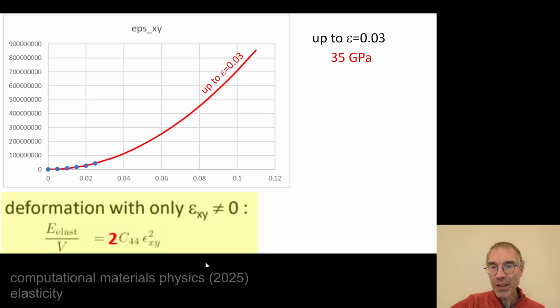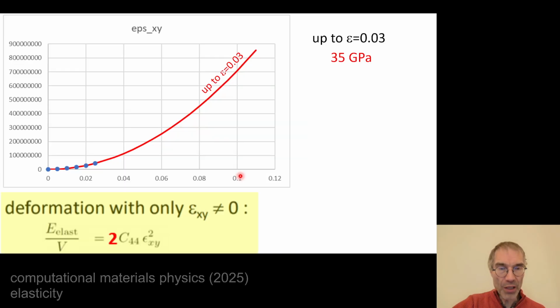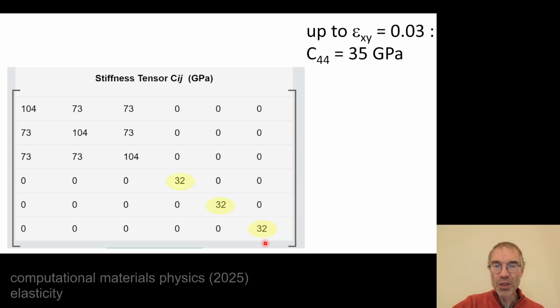If we do here the fit up to 0.03, then we find 35 GPa, and that would be the C44, and in Materials Project there is 32 here for the C44, so also that is in good agreement.